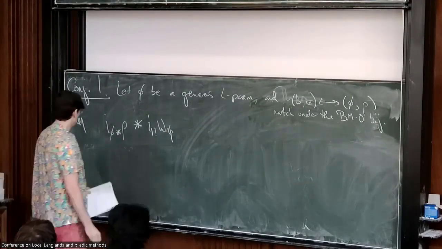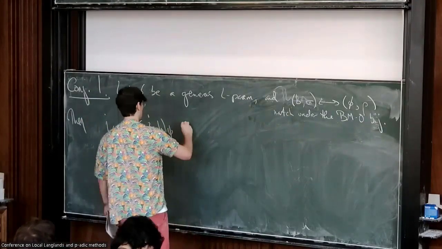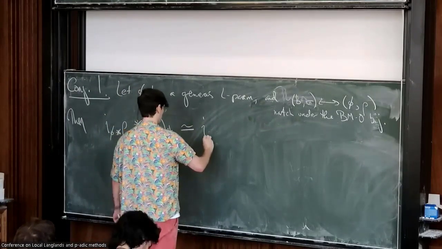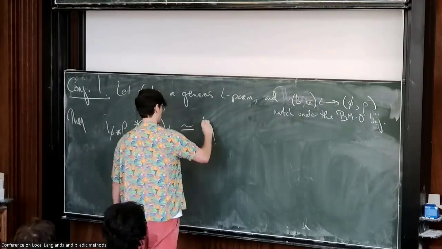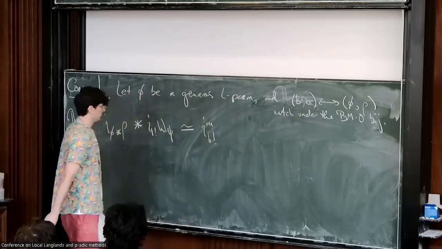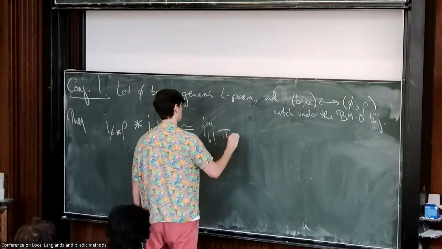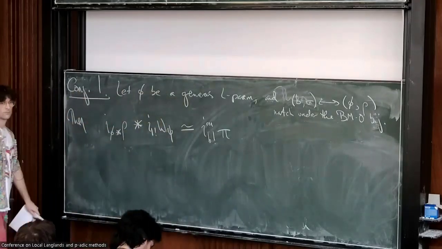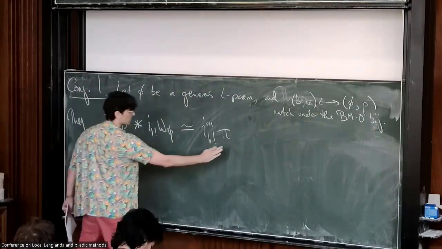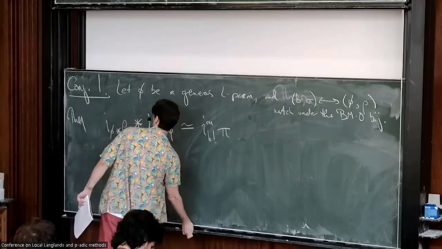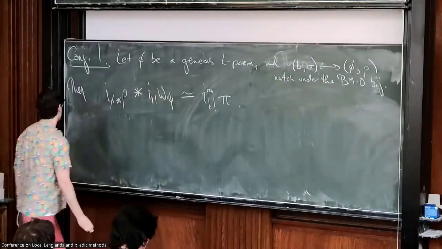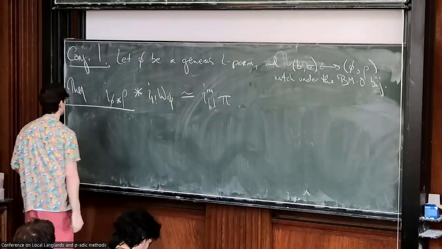And you can ask, what do you get? And the conjecture is that you get exactly the renormalized push forward from the stratum labeled by (b, pi). Okay, so that's conjecture one.